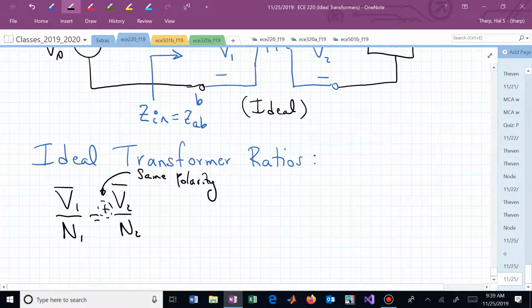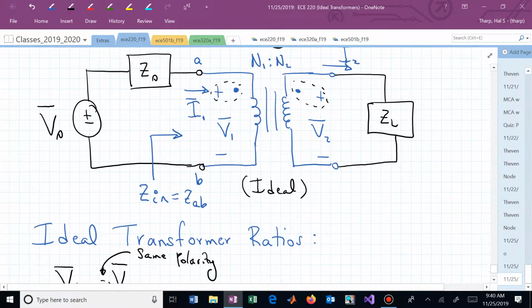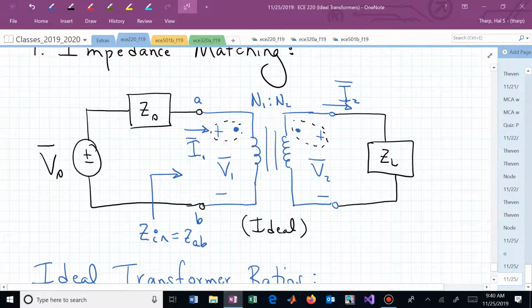But I hope it's clear now that before you get too far in, you need to make sure you keep track of what the sign is on that relationship. What about Zn? Do you see that I could find that as the ratio of V1 over I1?